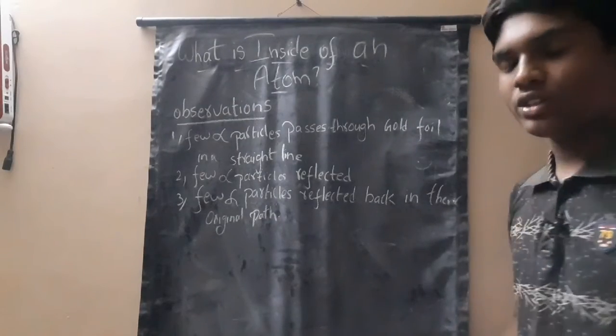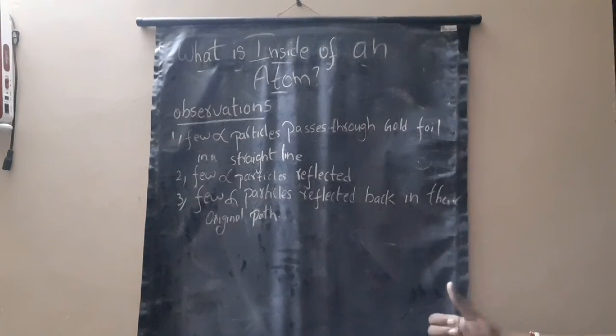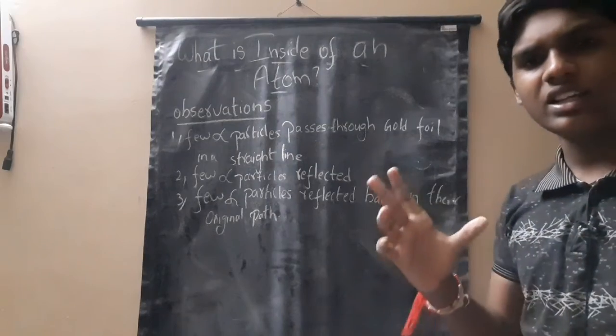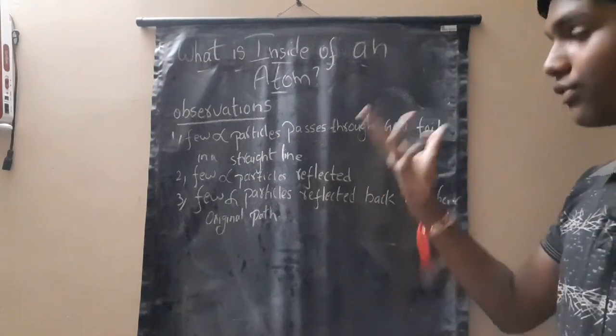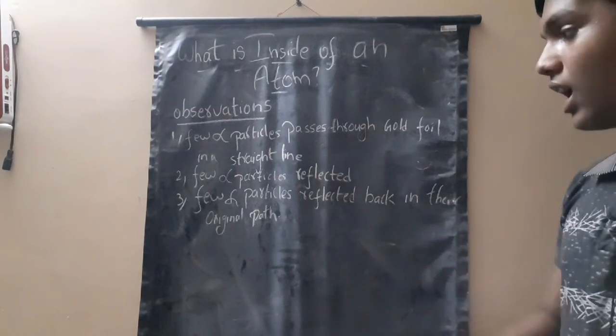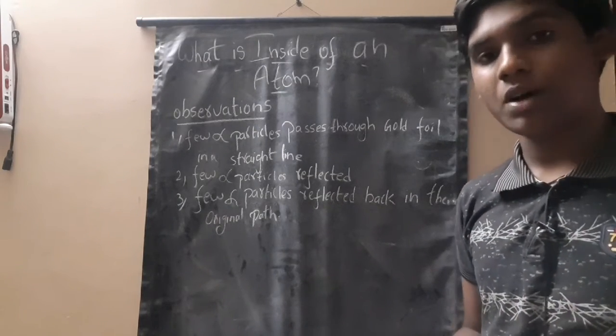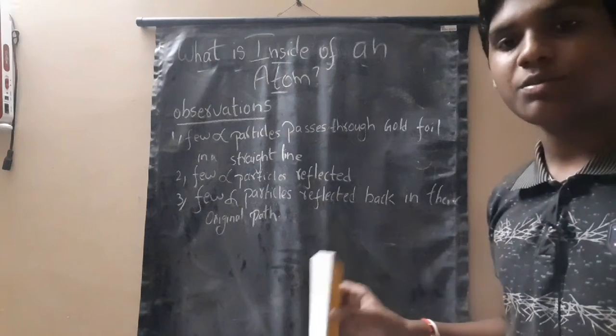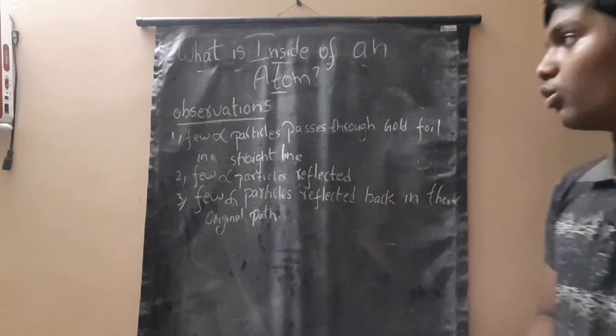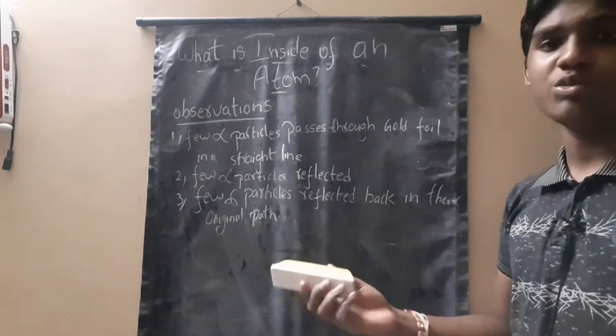These are the observations. Why did some alpha particles travel straight, others get reflected, and others go back to the original path? There are reasons behind them. Now let us see the reasons behind these observations.